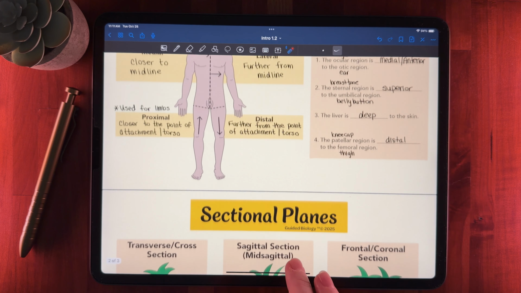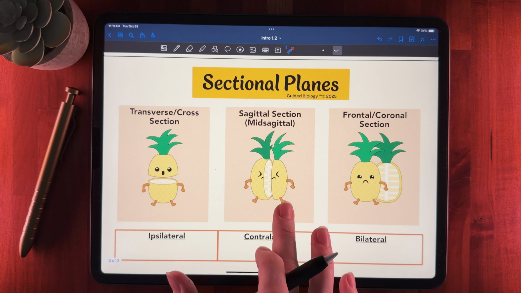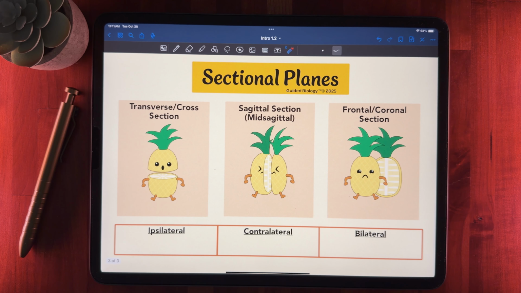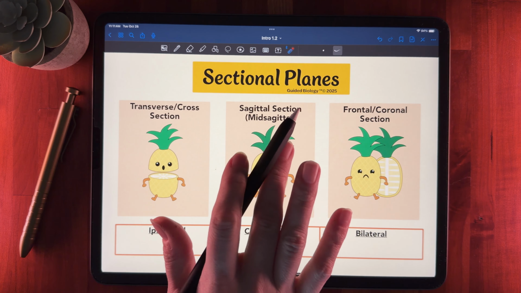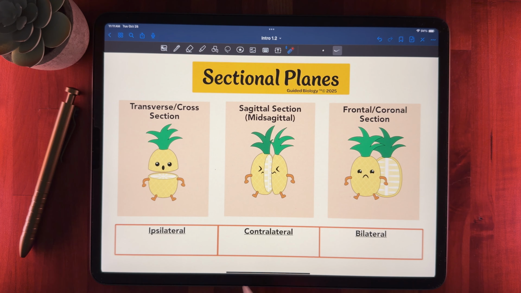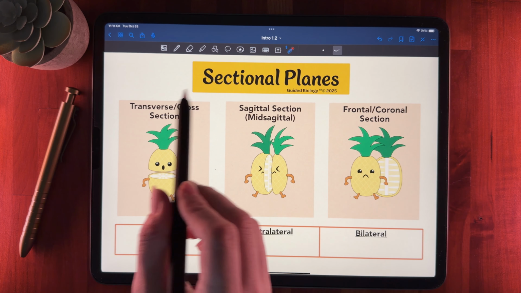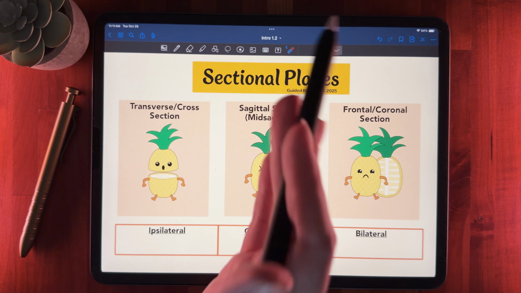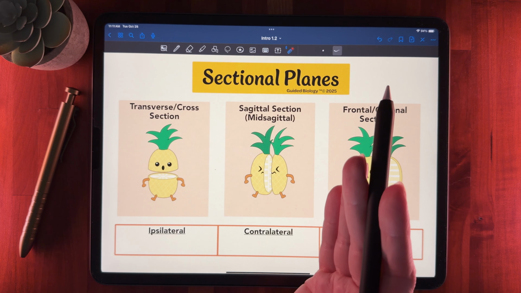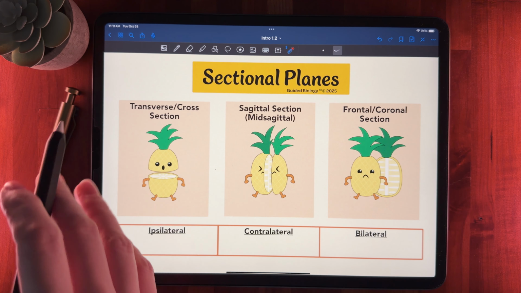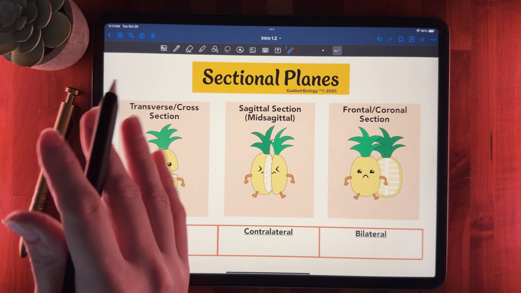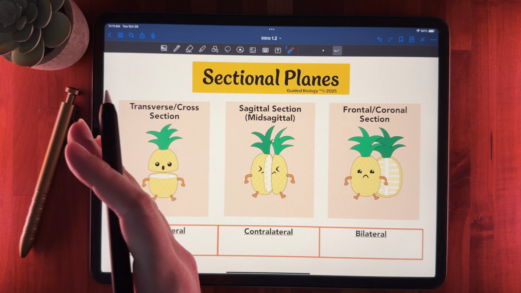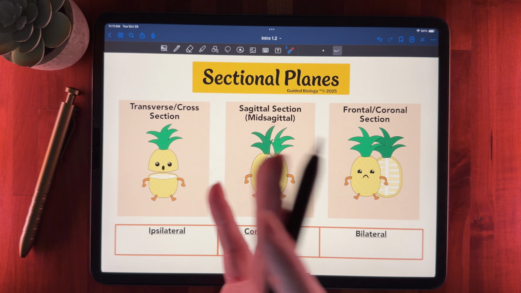All right, and then our last section for this video is going to be on sectional planes, and then some additional directional terminology. Sectional planes are going to be dividing the body, cutting it into different sections. With each of these, we'll define it, and then I can give you a clinical example as to why this is practical and important.